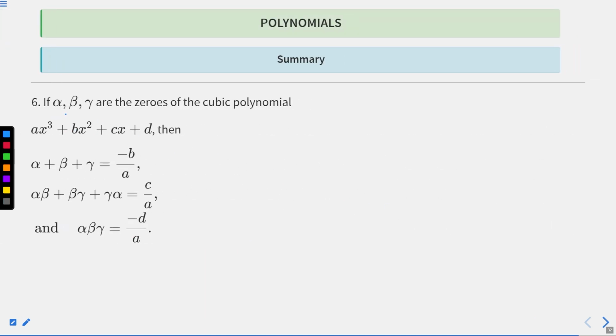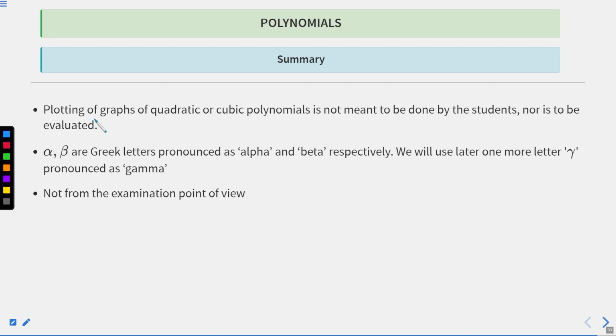And if alpha, beta, gamma are the zeros of the cubic polynomial ax cube plus bx square plus cx plus d, then alpha plus beta plus gamma is equal to minus b upon a, alpha beta plus beta gamma plus gamma alpha is equal to c upon a, and alpha beta gamma is equal to minus d upon a.